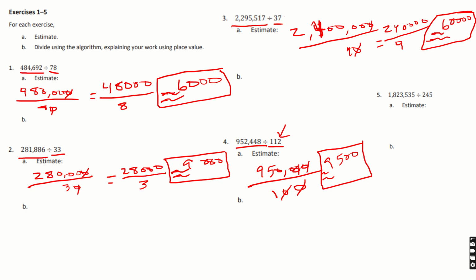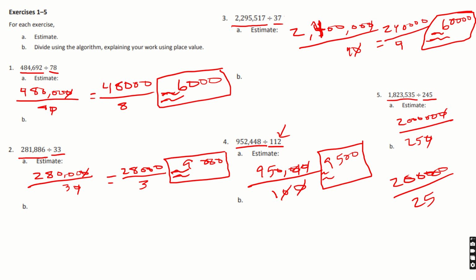And then the last one here is a big number. I'm going to round that one to 2 million over 245, which I'm going to round to 250. If we do zeros here, you'll notice I have a big number on top, 2, and then 5 zeros, over 25.